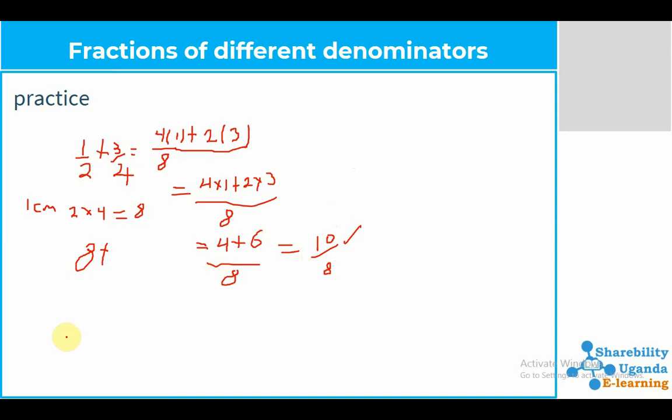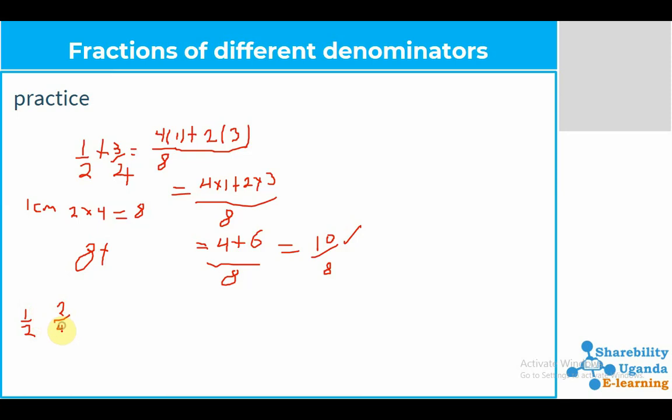To use the other method of equivalent fractions, we have 1 out of 2 is equal to 2 out of 4.